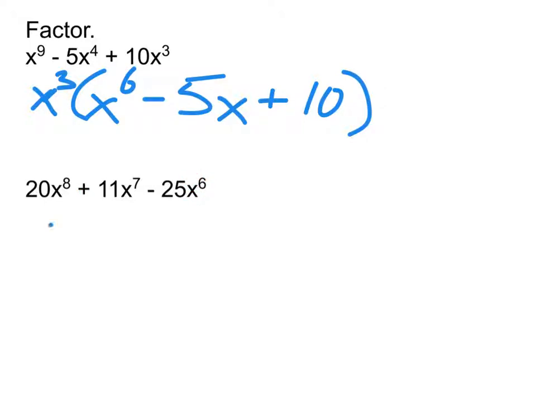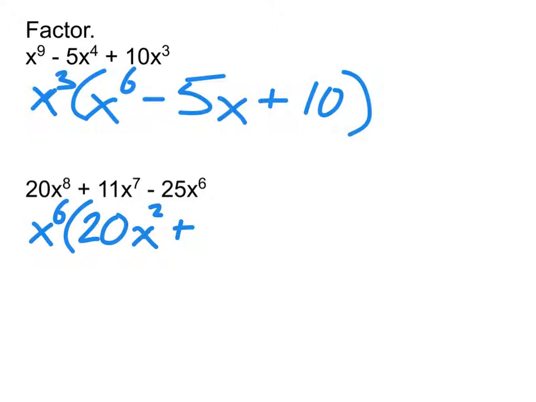So let's start by writing that out front. And then it's just a matter of x to the 6th times what gives us each term. So for the 20x to the 8th, the 20 is unaffected because we're not pulling out any numbers. The x to the 8th, I have 8 x's, I'm pulling out 6 of them, so I'm left with 2. So I'm left with x squared.